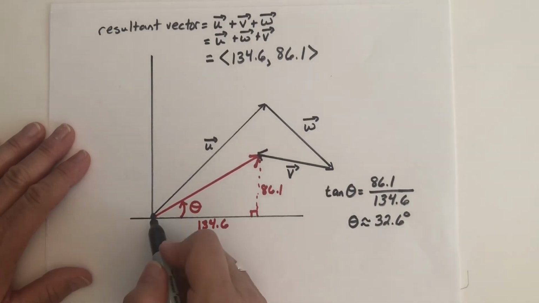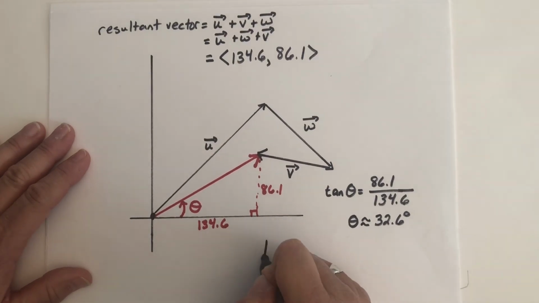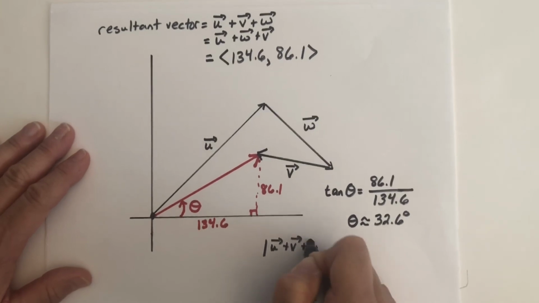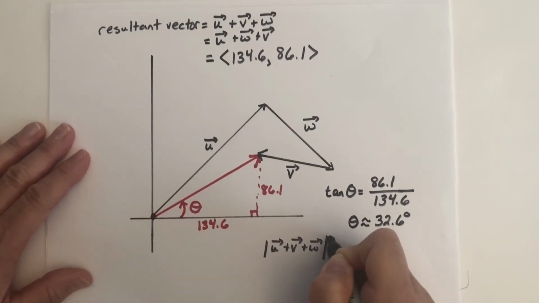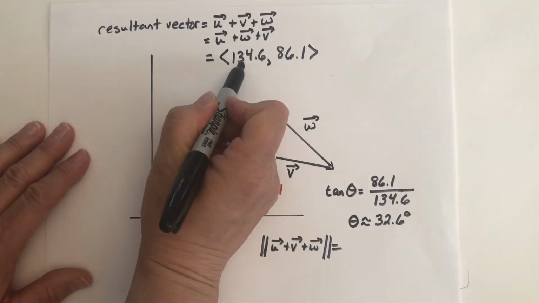And now we want its magnitude. So we're finding the magnitude of u plus v plus w. Well, we have these two components.